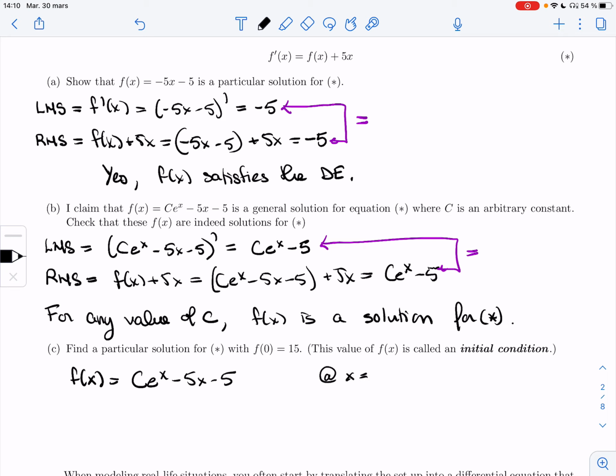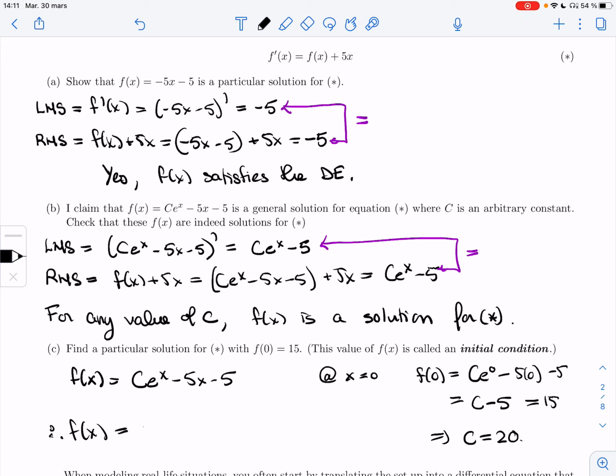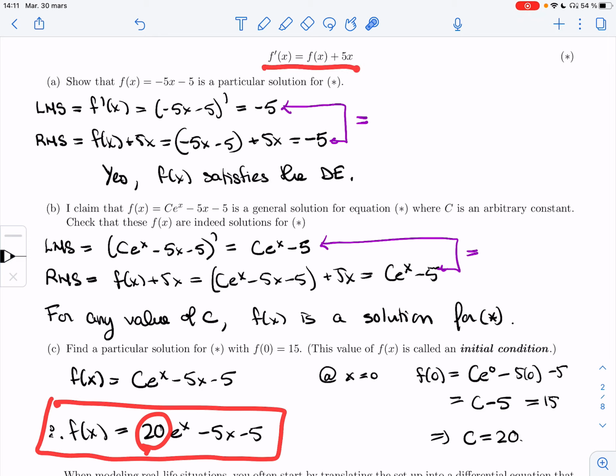At x equals 0, I get c minus 5, and I want this to be 15, and so I need to make sure that c is 20. To make sure that my initial condition matches the one from the problem, that forces my hand and fixes the value of c to be 20. For any value c, I get a solution. So this is a solution for this differential equation with this specific condition I was given.